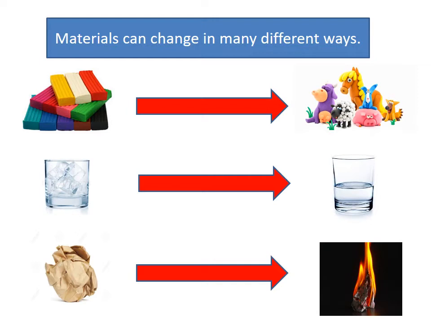Some of the ice cubes in the glass have become water. Materials can also change into new materials. When new materials are formed, they cannot return to their original form. Paper burns to form a new material called ash.